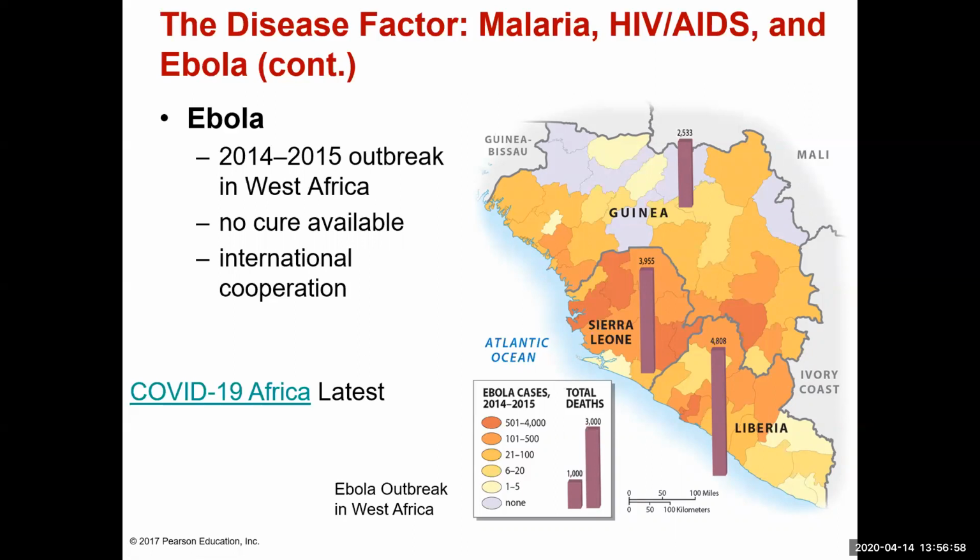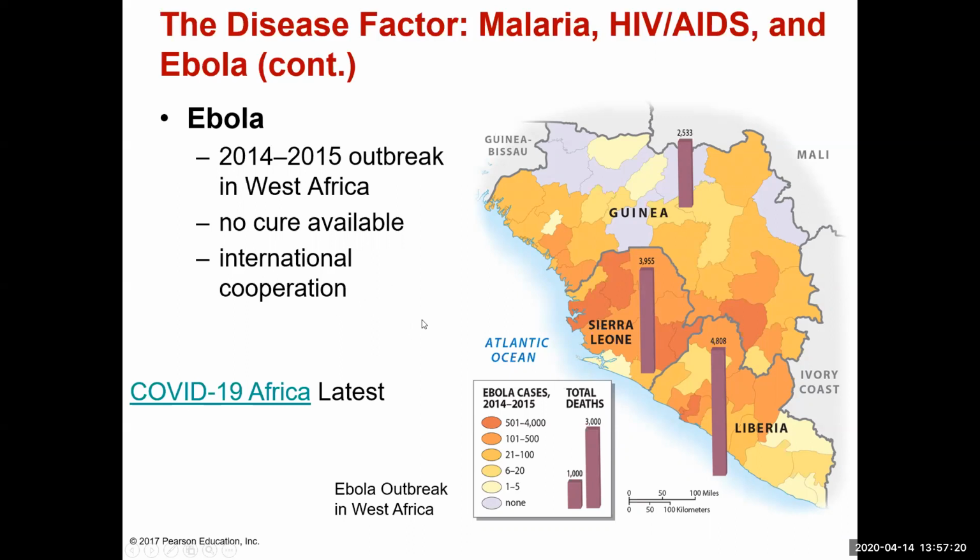There's no official cure for it yet. By the way, Ebola and COVID-19 are related. Ebola is also a coronavirus. They call them coronaviruses because of the spikes around the cells. There are different types of these coronaviruses, and COVID-19 is one of them.